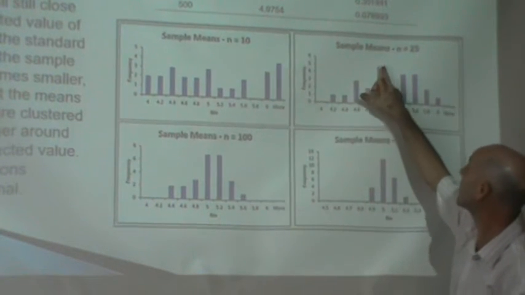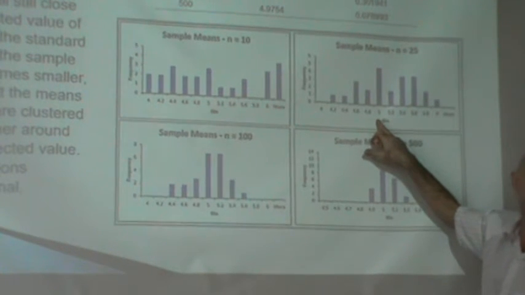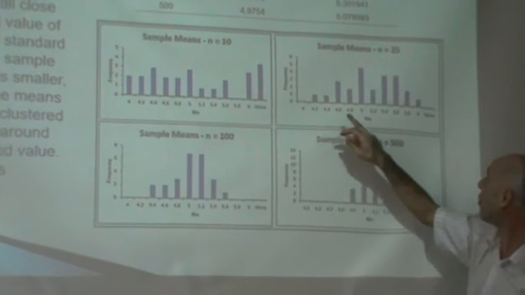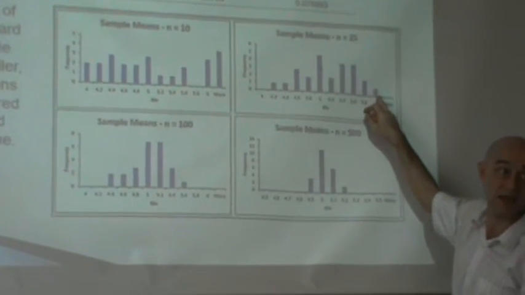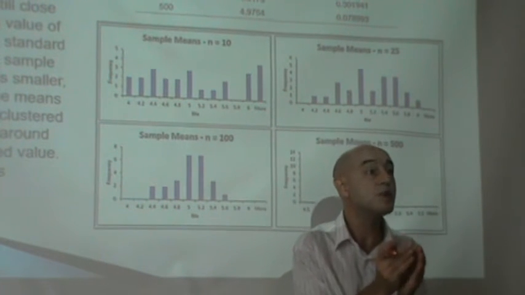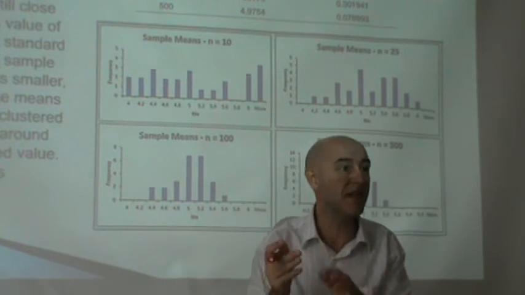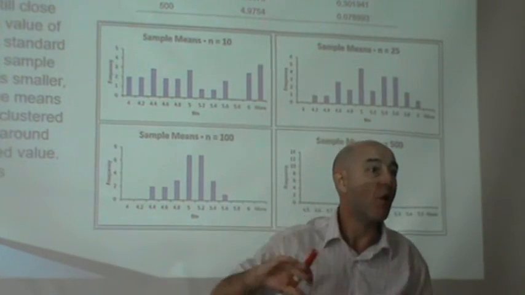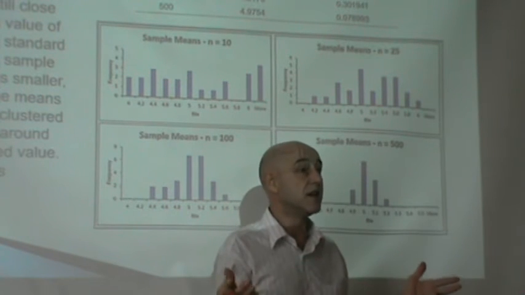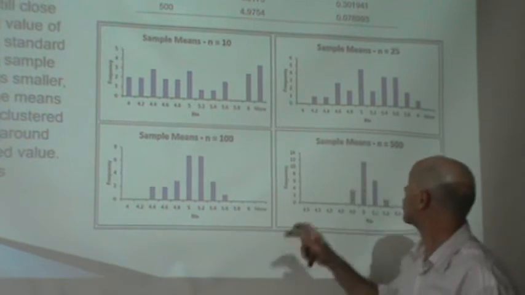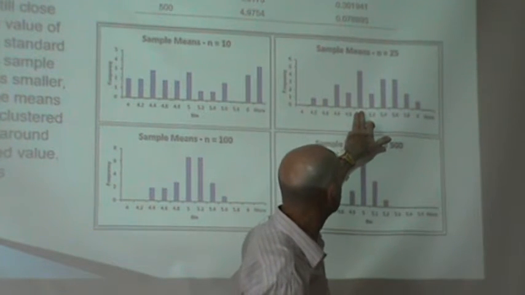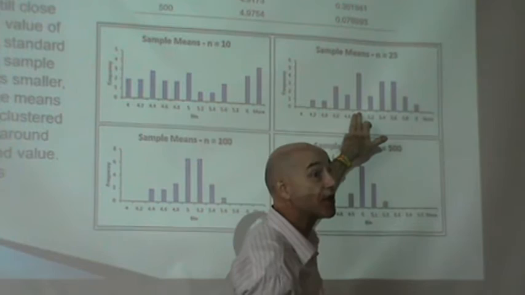In other words, you're going to get a whole bunch of them that will give you an average of 5. You're not going to get 4, you're not going to get 6. Same thing, when you take the height over here, if you just take a few people, you may get an average of 170, and that's clearly not true. Or you may get a sample result of 150, and that again is not true. But if you get 25 people, you're going to be getting a lot more averages of, let's say, 160.